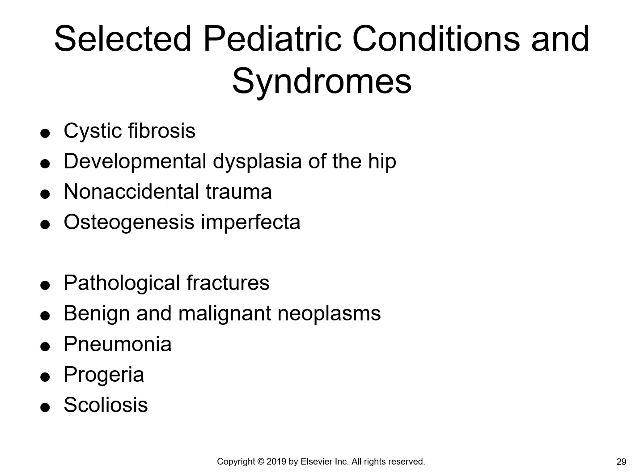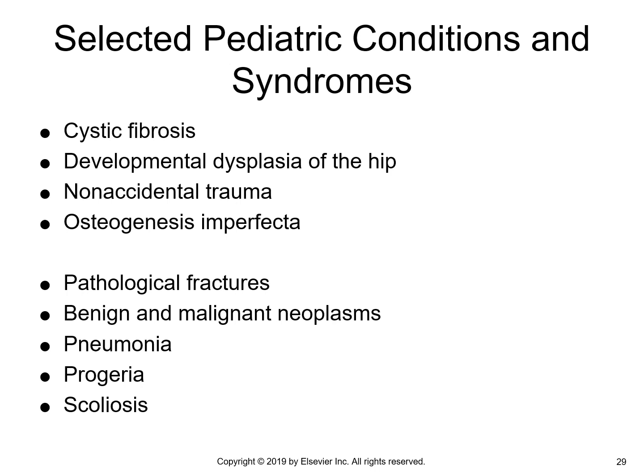Okay. Some pathologies or syndromes that we'll have to deal with can be diagnosed with x-ray. Cystic fibrosis shows up on a chest x-ray. Dysplasia of the hip is diagnosed with x-ray. Most of the time diagnosed with CT now, but sometimes diagnosed with x-ray.